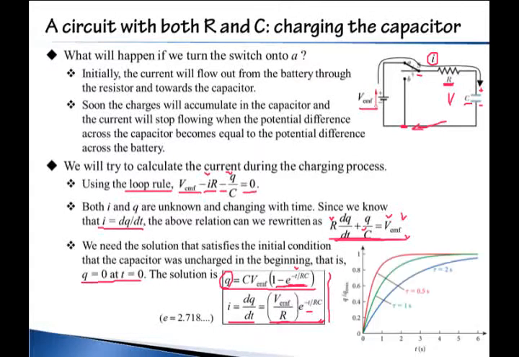Okay, and you can also display the graph of the charge as a function of time here. Typically the exponential function looks like this, right? But exponential of minus t typically looks like this, right?